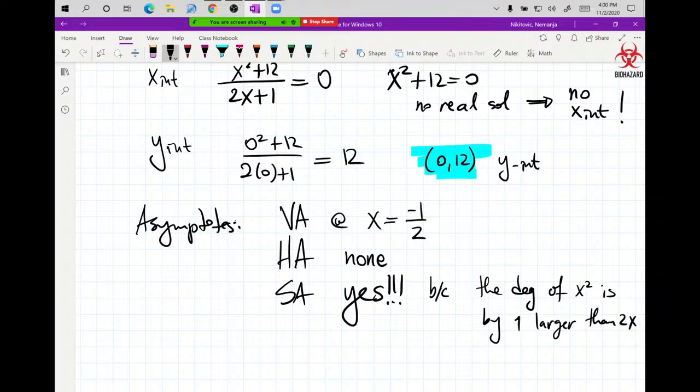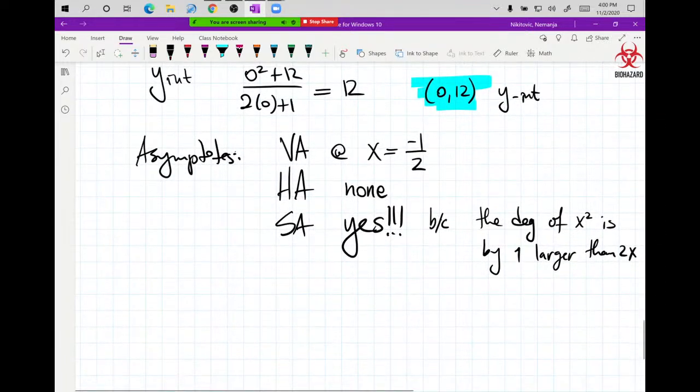Your term with the highest exponent in the numerator is x squared, and the highest degree in the denominator is 1. So now we do the long division to find this.